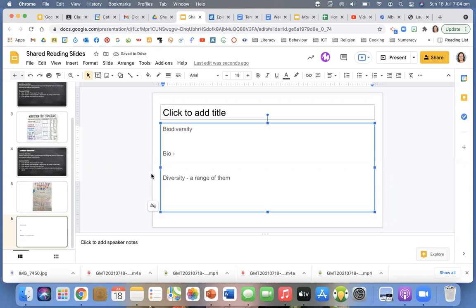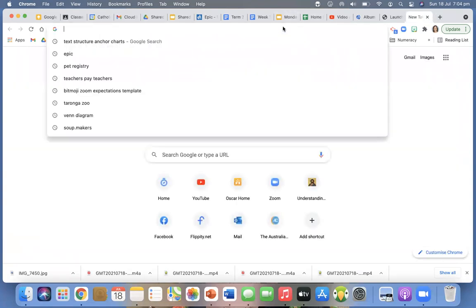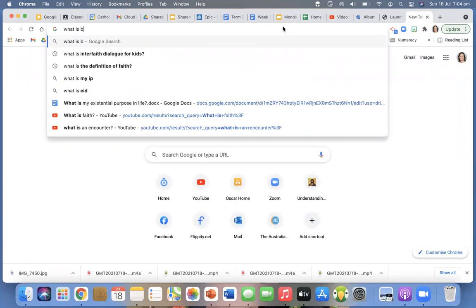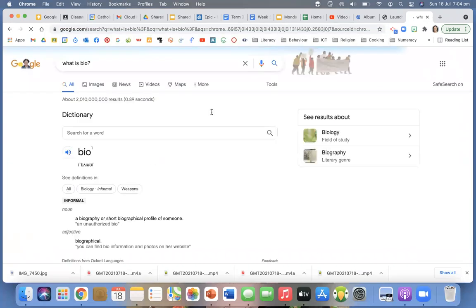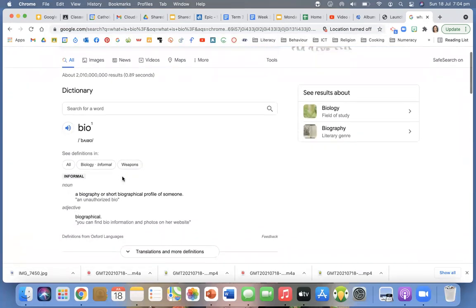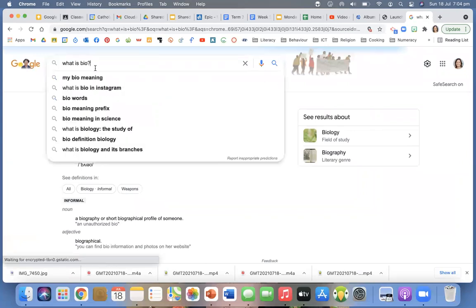Now, I'm making a connection to the word biology, and I know biology is the study of living things. I'm just going to go back up here and check, and I'm going to Google search that. What is bio? Bio.